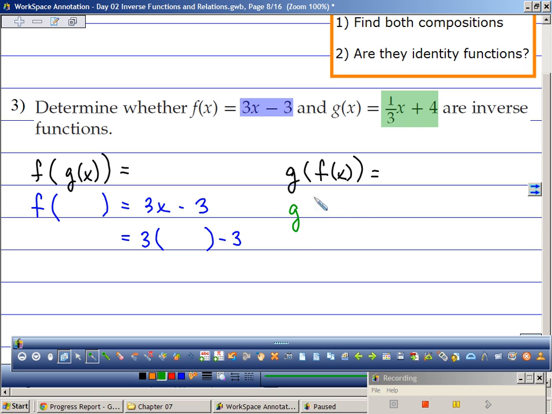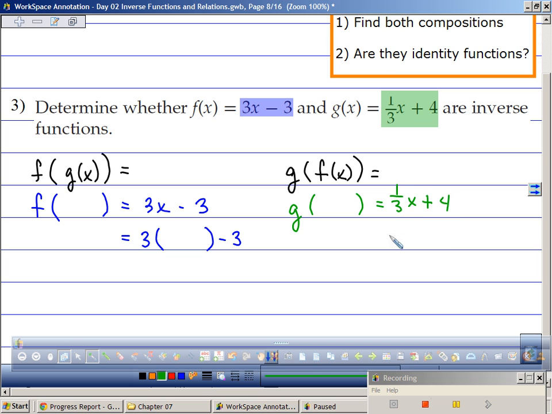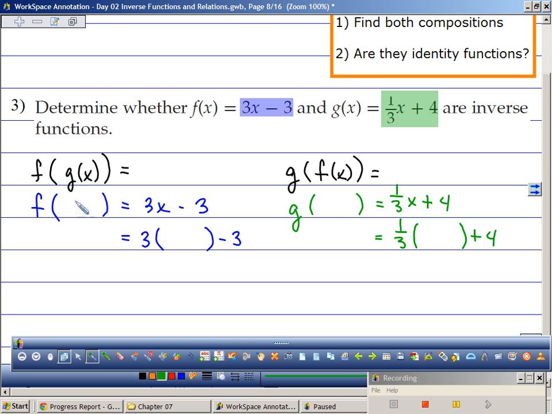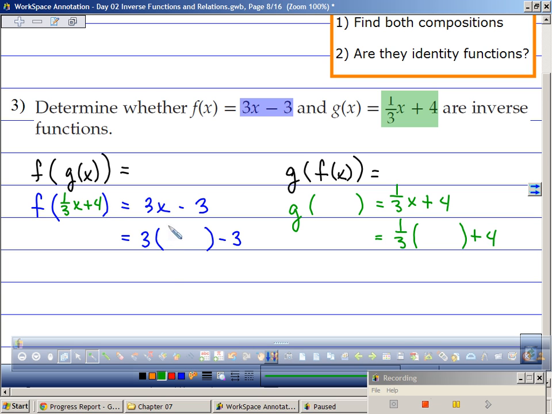So I have g of whatever goes in here equals, what's my function for g? 1/3 x plus 4, which should equal 1/3 of whatever I substitute in there plus 4. All right, so what do I substitute in here? G of x. What is g of x? 1/3 x plus 4. So what goes in here?